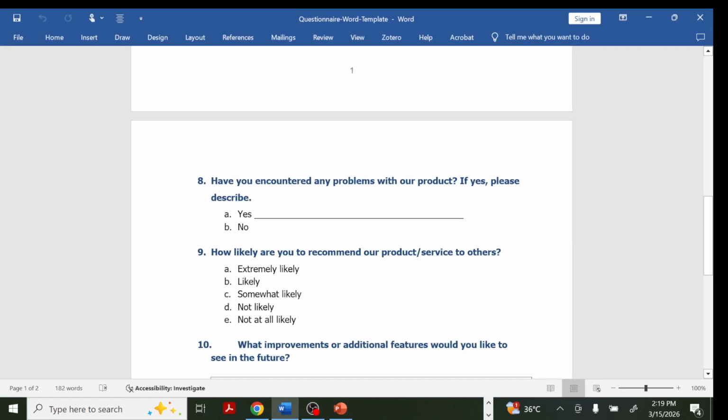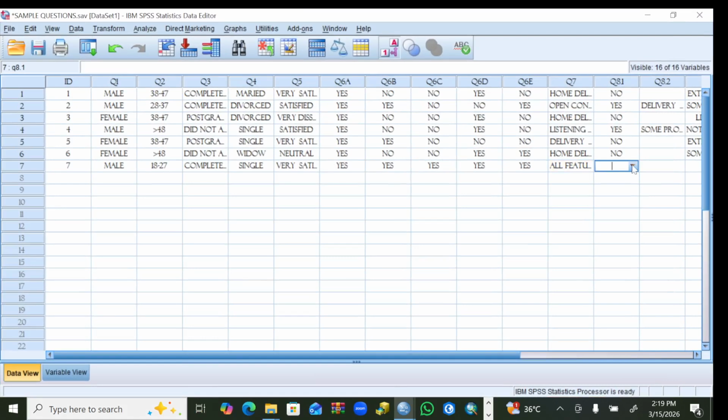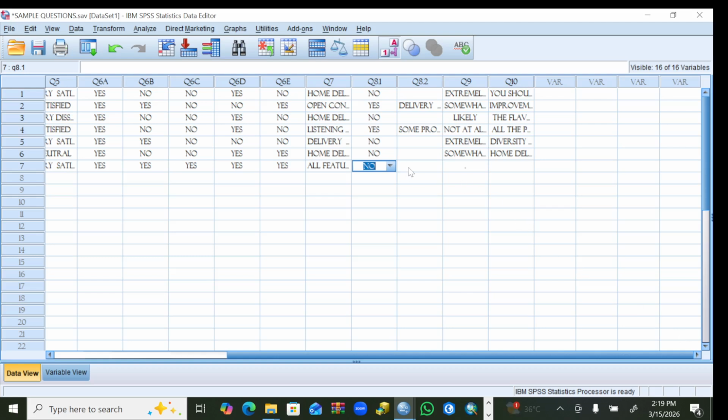So he selected everything and then is very much satisfied. Then we say he doesn't have any problem. We say no, no problem. And of course, this one is not going to fill it. Then it will jump to question number about the recommendation.